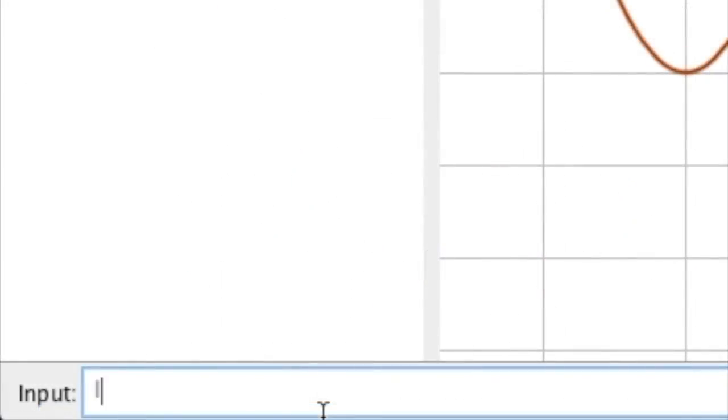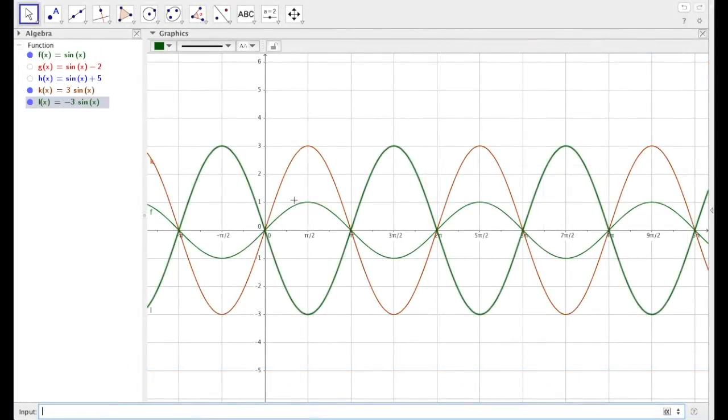So what do you think would happen if we have l of x is negative 3 times f of x? What do you think that negative is going to do? Since we're multiplying our outputs, our y values, by negative 3, that positive 1 now became a negative 3. The negative 1 became a positive 3, and all the values in between.